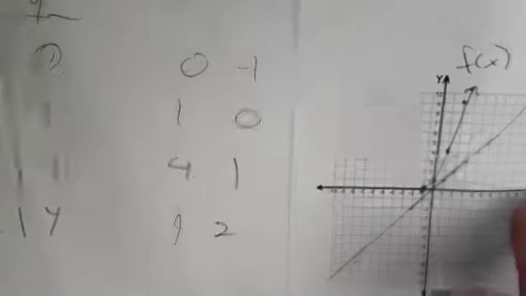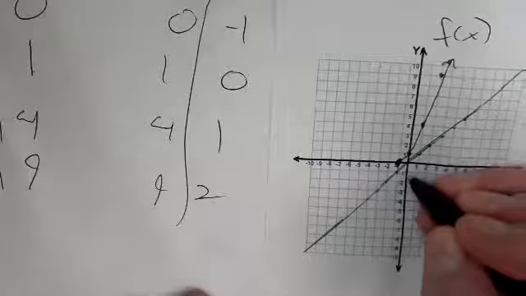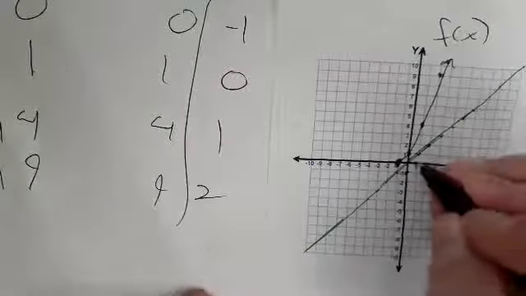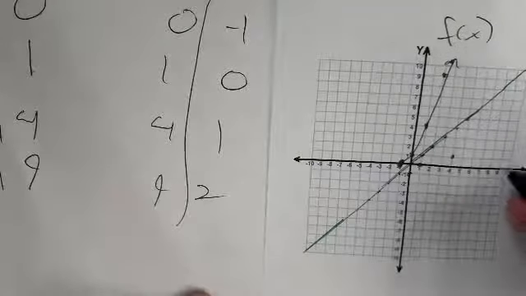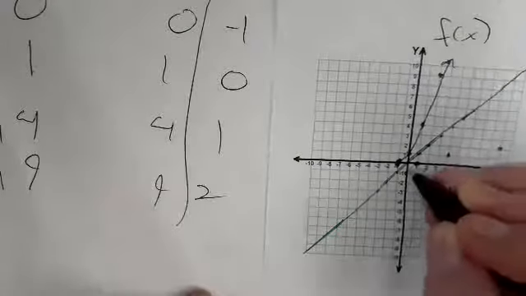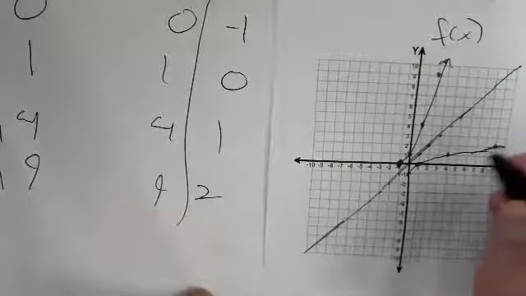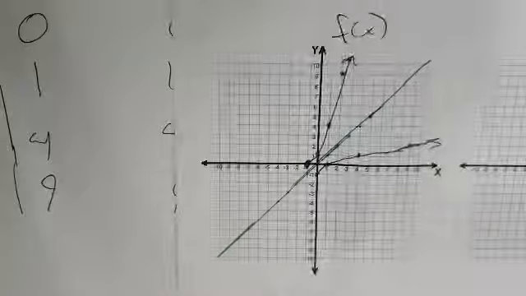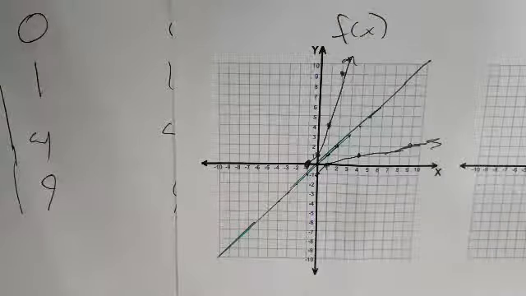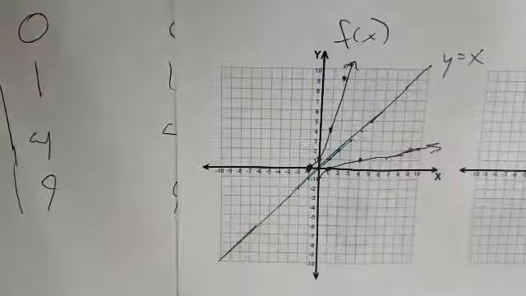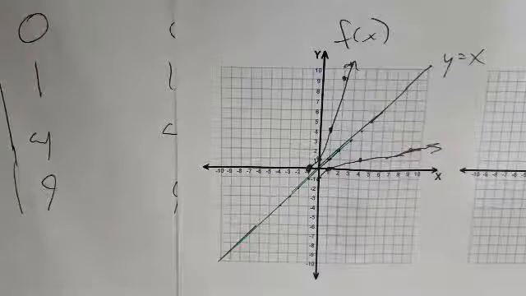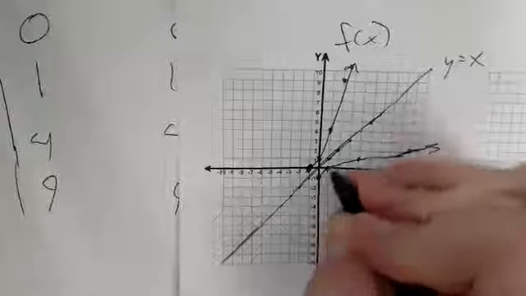If I graph my inverse, here we go. 0, -1 here. 1, comma 0, 4, comma 1, and 9, comma 2. Looking like this. How do those two things relate to that y equals x line? Well, what does it look like you're doing? Starting here.